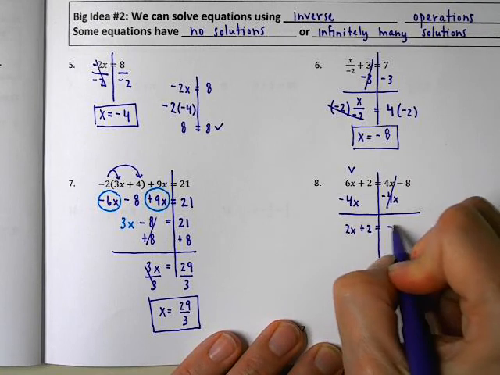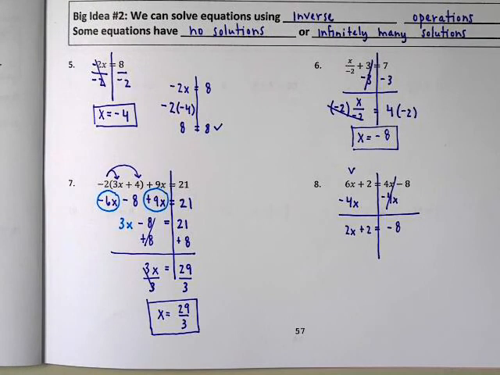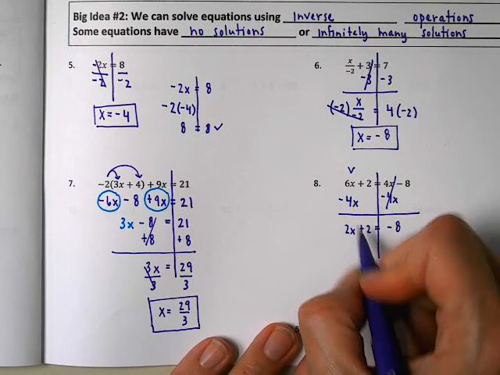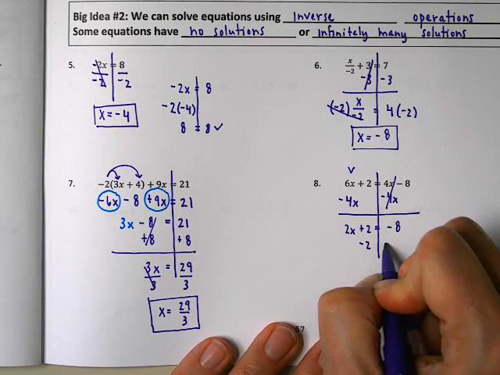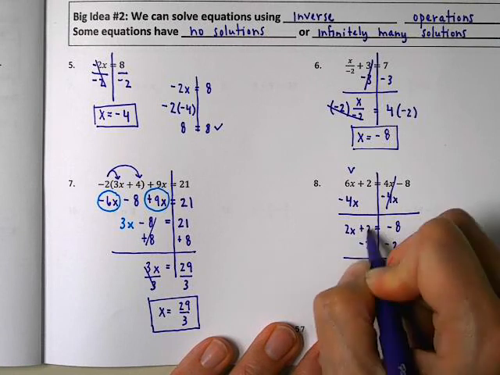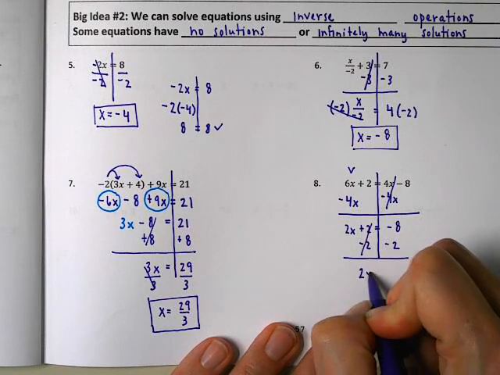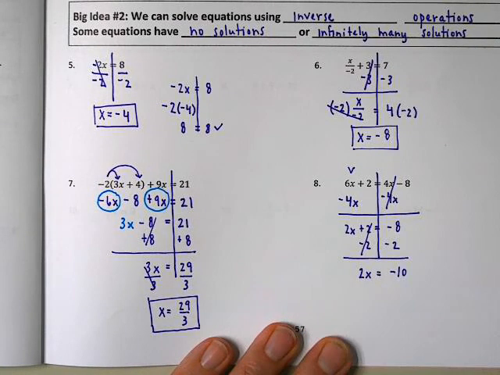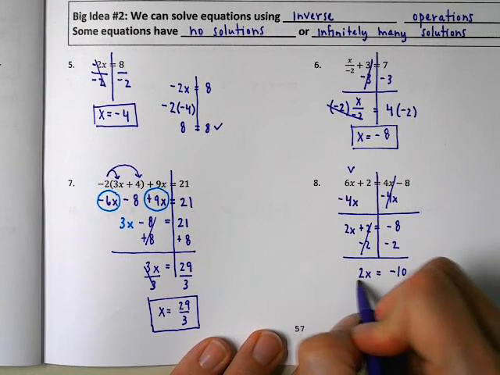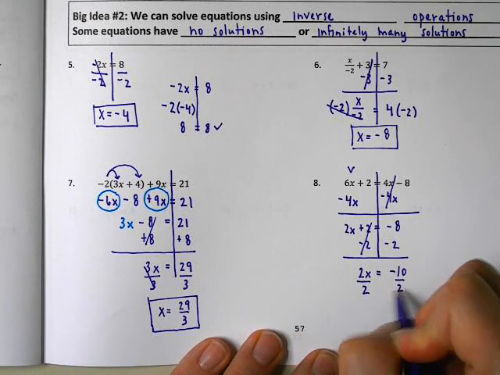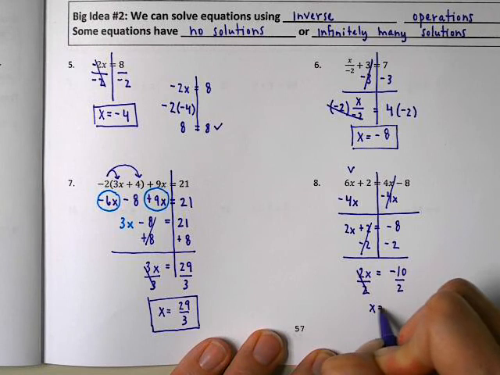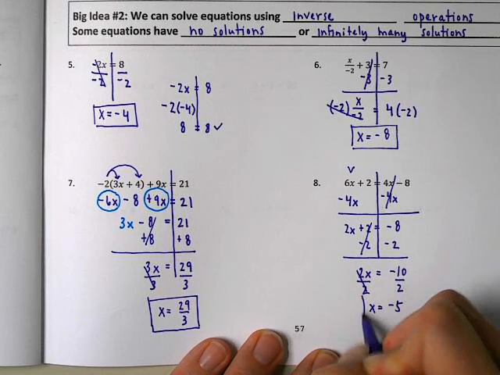These are going to cancel, and I have a negative 8 on the right-hand side. And again, now we're just back to our two-step equation. I'm going to subtract 2 from both sides, which gives me 2x equals a negative 10. My last step is to divide both sides by 2, and x is equal to a negative 5.